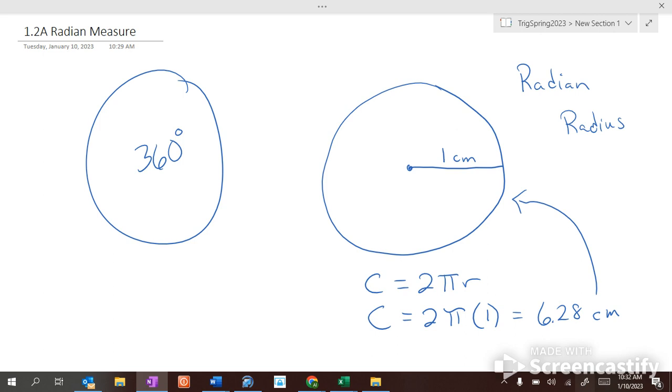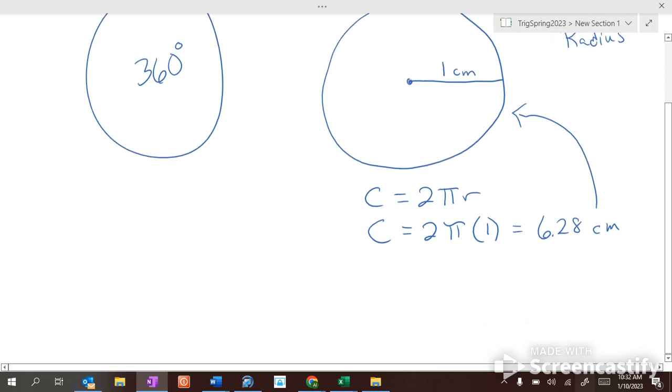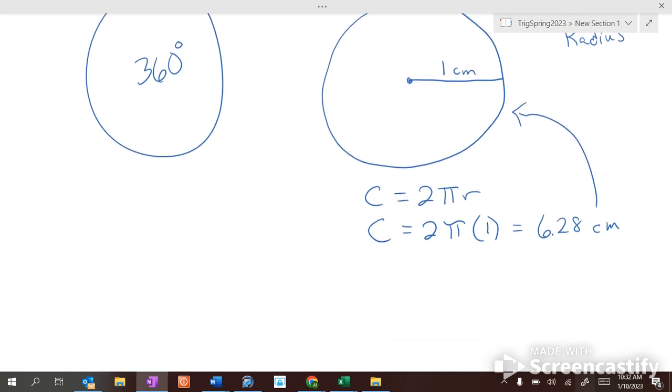But what if the radius was 2 centimeters? Well, it would be 12.56, and so on. So we don't want radians to change all the time depending on the distance.